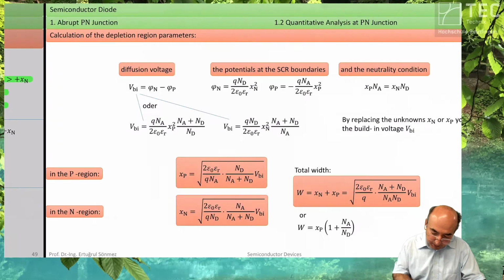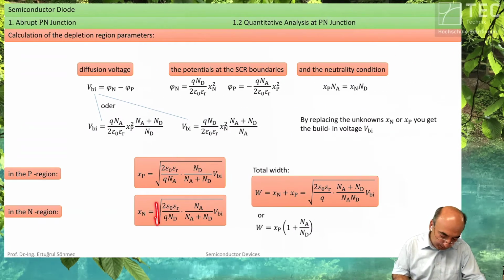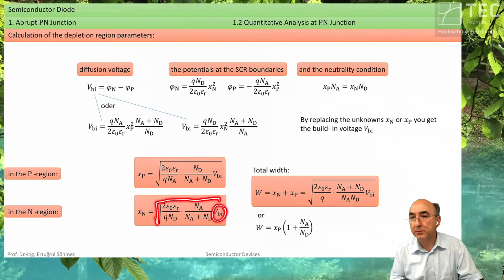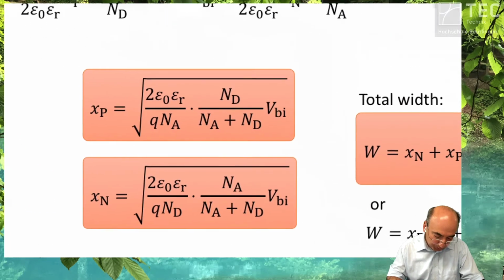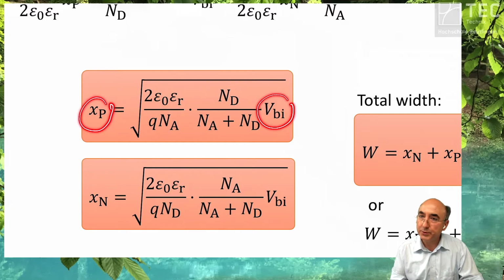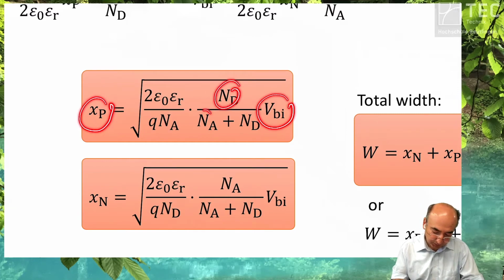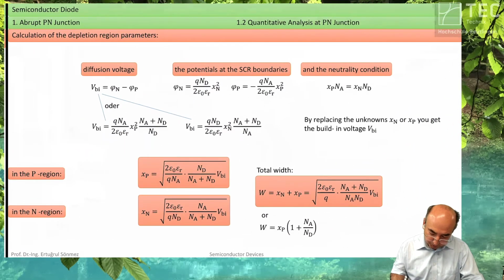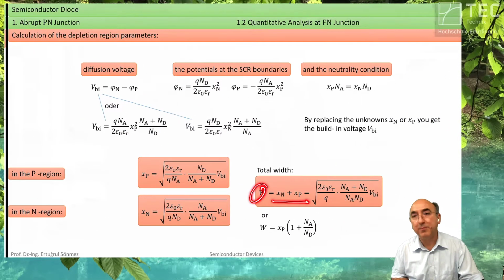And due to this behavior, we have a square root dependence on the voltage. Okay, so the space charge boundary is a function of the built-in voltage, is a function of the doping levels, and the overall space charge is the sum of them.